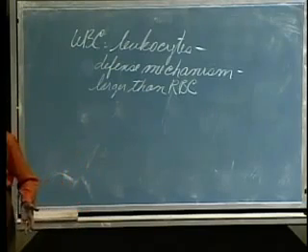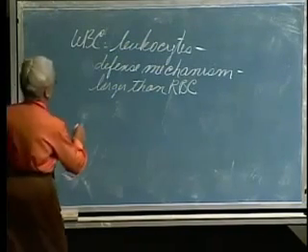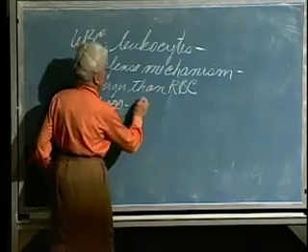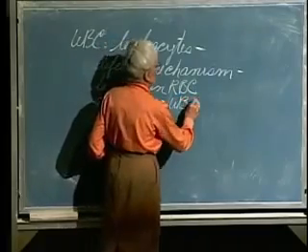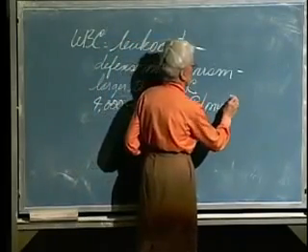How many did we say we had of red blood corpuscles per cubic millimeter? 5 million. We're down to 4 to 10,000 white blood cells. So you see the big difference here: 4,000 to 10,000 white blood cells per cubic millimeter.